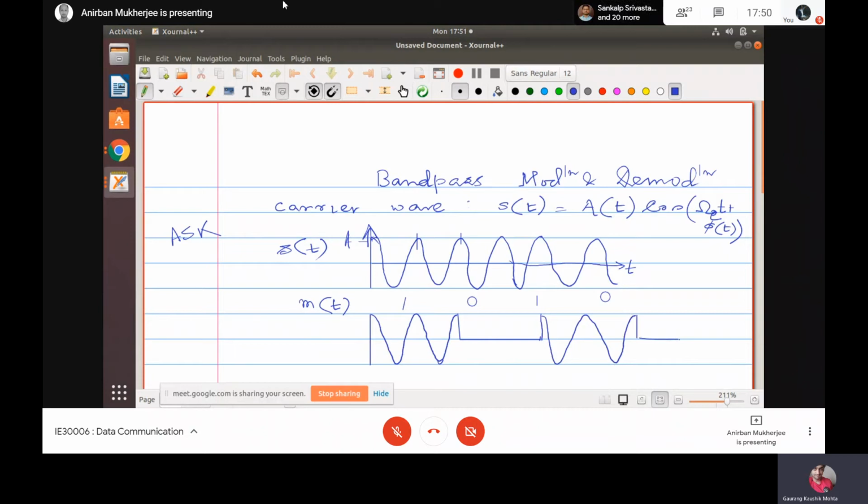This is called amplitude shift keying, ASK. These frequencies, omega c, the carrier, are much higher frequency, you see. So sometimes we say amplitude shift key, sometimes we say on-off key.